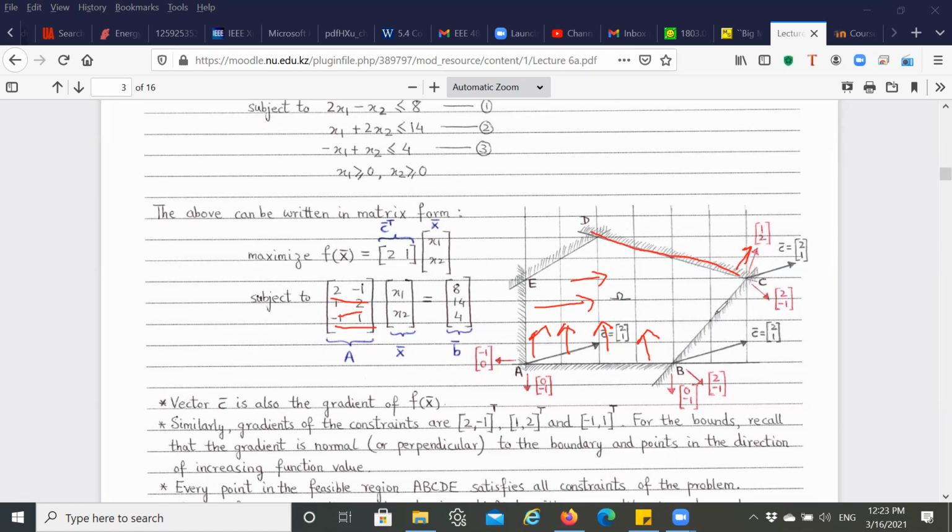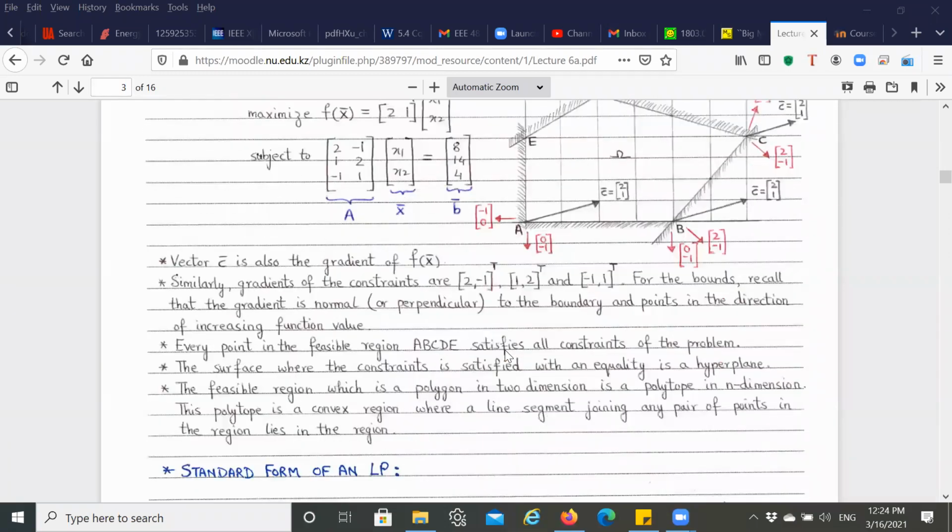No, this guy. Okay. And this is 2, minus 1, which is shown over here, so it's in this direction. So obviously we see that these are the gradients for the constraints, and it's written over here for the bounds. Recall that the gradient is normal, or perpendicular, to the boundary and points in the direction of the increasing function value. That is something you have to keep in mind, because we'll be needing that for the KKT analysis.